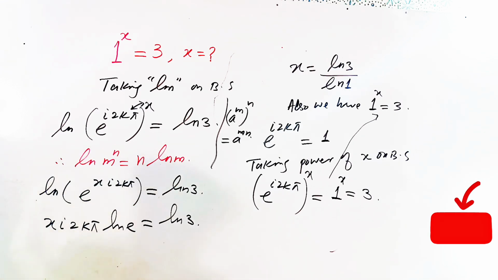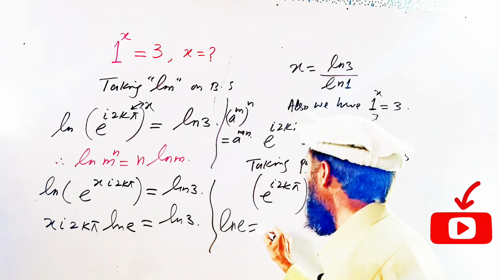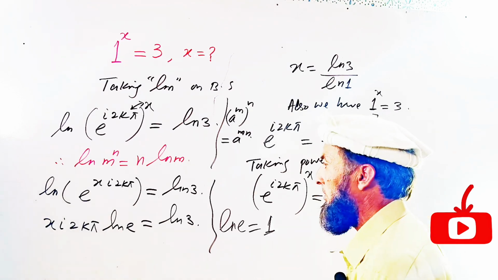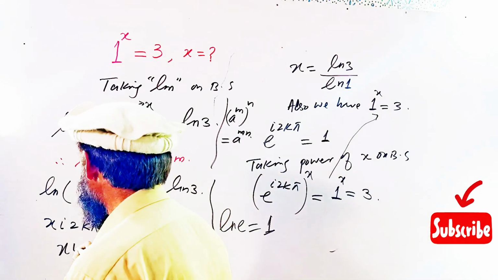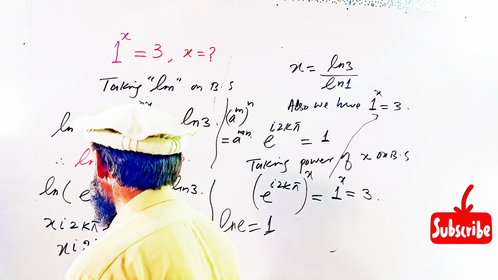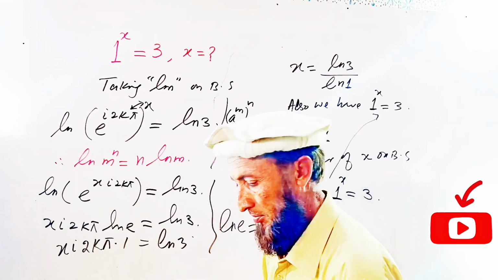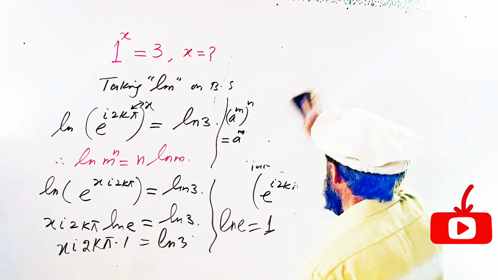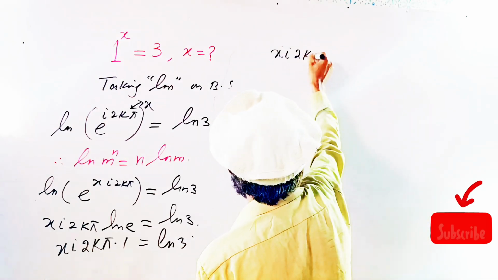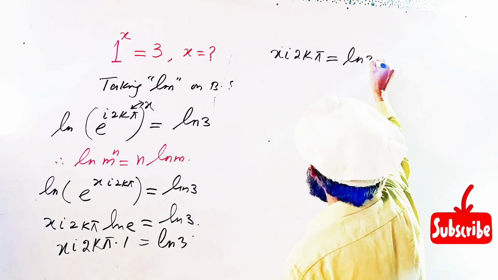And we know that log of e is equal to 1. So in place of this result we put x i 2k pi is equal to log of 3.